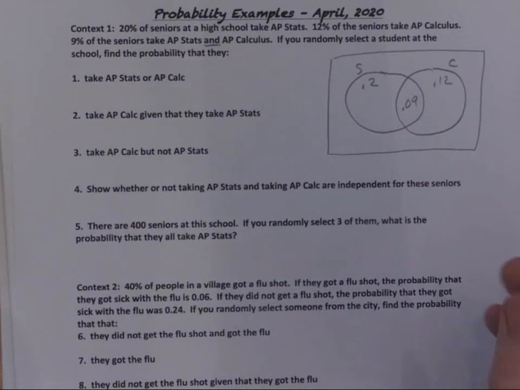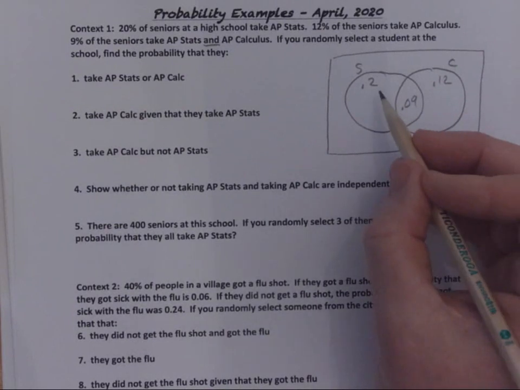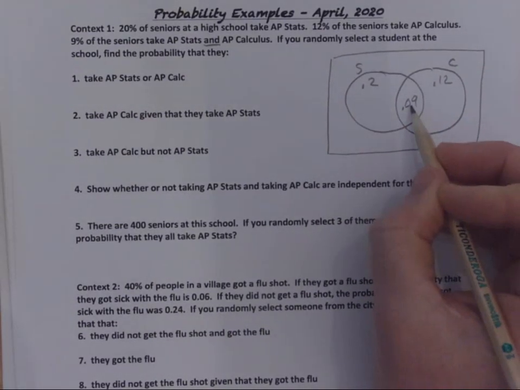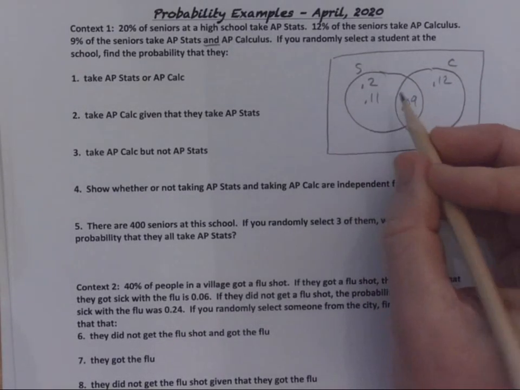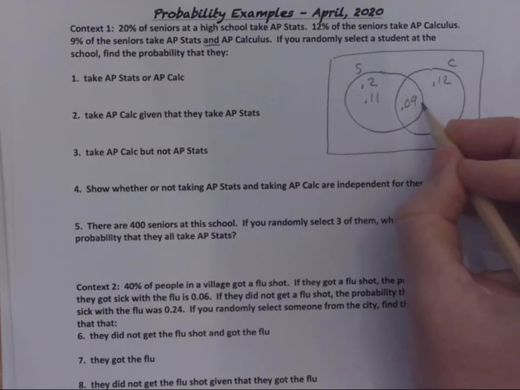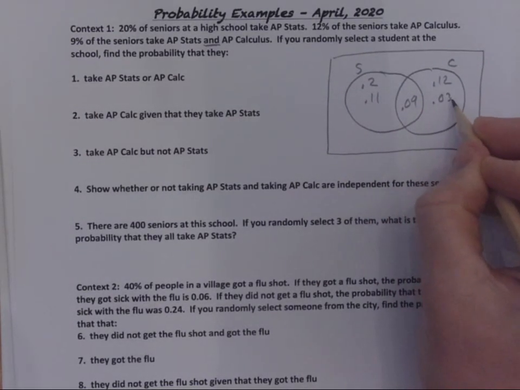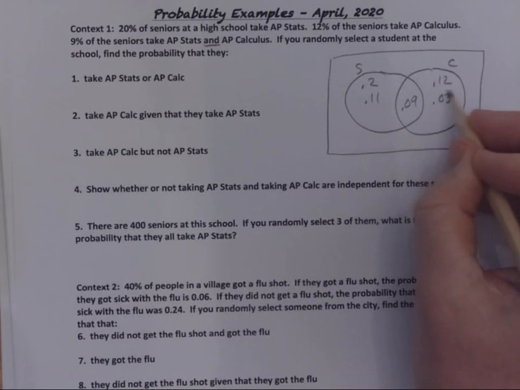So now to fill out the rest of this Venn diagram, the way I do it is I say that minus that, 0.2 minus the football-shaped region, that would be 0.11. And that represents people that take stats but not calculus, this crescent-shaped region there. And then if I go that minus that, that's 0.03. That means it's in the calculus circle but not in the stats circle. It's this region here.